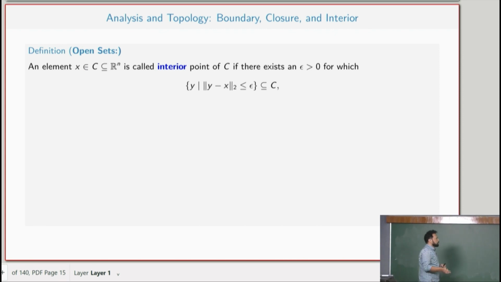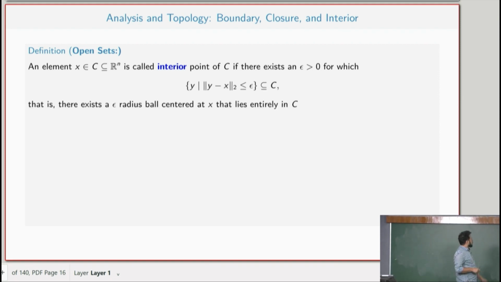The geometrical idea behind this is that x is somewhere inside the set so that there is enough distance from the boundary so that I can draw a ball, and the whole ball is a subset of C. It's inside the set C. That's the concept of interior point. That is, in words, there exists an epsilon radius ball centered at x that lies entirely in C. Then you declare that center x to be an interior point.